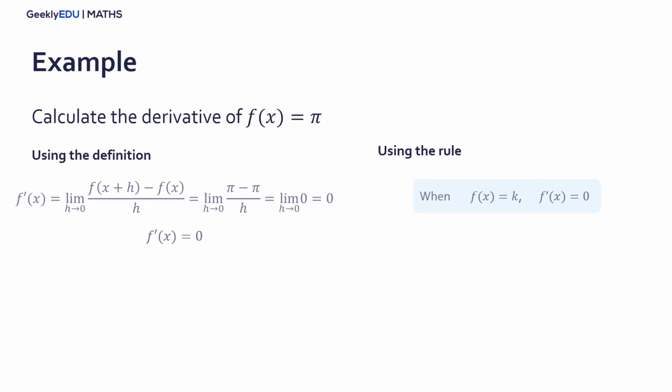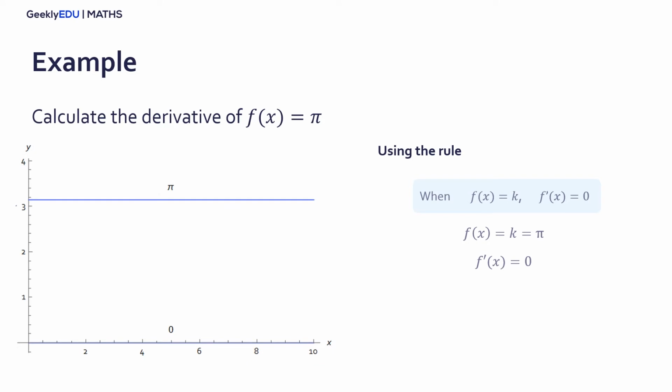Being the function a constant equal to pi, and the derivative of a constant equal to 0, if we represent this in a coordinate axis, we see that pi is a constant line that doesn't change with respect to the coordinate x. Therefore, the derivative represents the no change of the function.